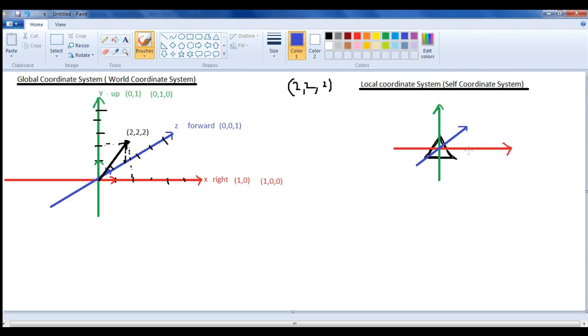If it is a 2D, you will be having only right and up. Now these vectors, the right vector and the up vector and the forward vector, they are actually unit vectors. Now this is the local coordinate system where you will be having the x-axis, y-axis and z-axis, and the game objects are going to have the right vector, up vector and the forward vector.